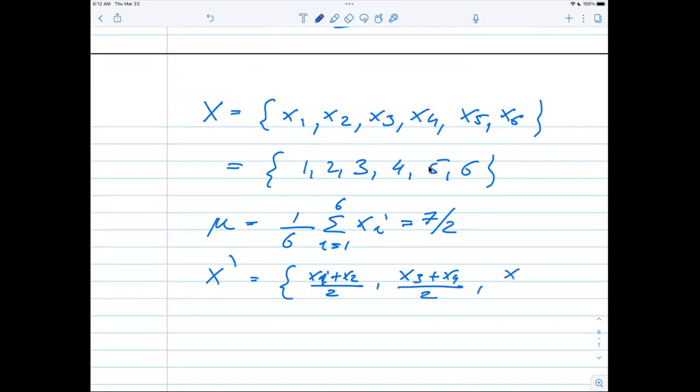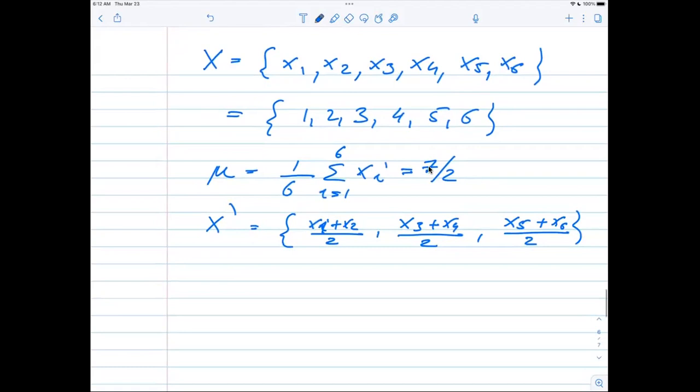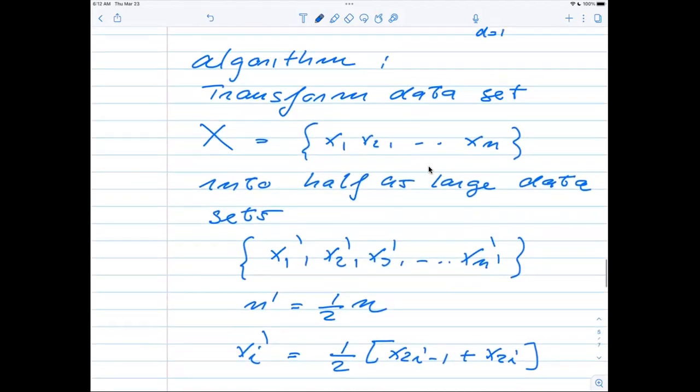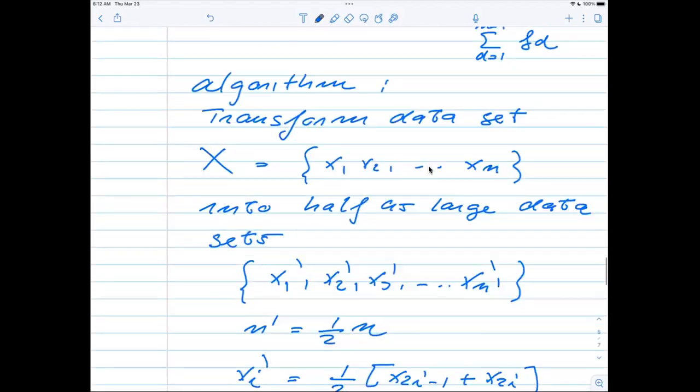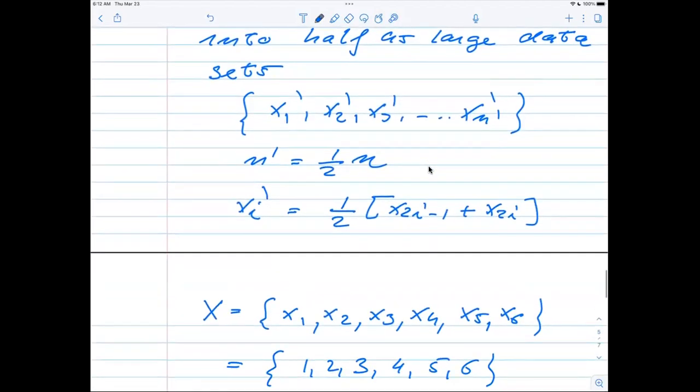And then I have x5 plus x6 divided by 2 here. So that's my new data set. I have just divided by a half. And I've used this recipe, which you see here. So where did I put that one? Yeah, we put it up here. So I just redefined a new data set, which contains half the entries, but it now is given by the previous entries added and divided by 2.